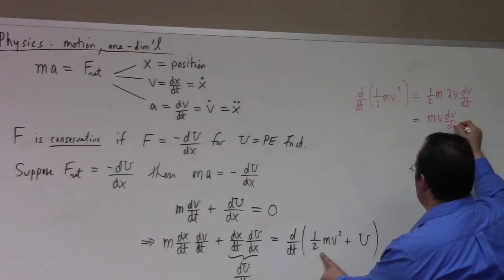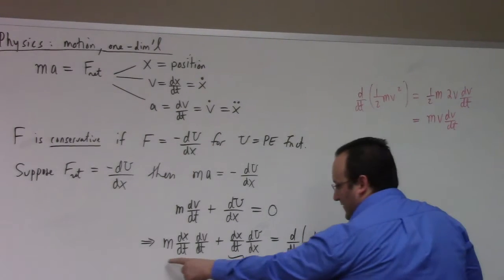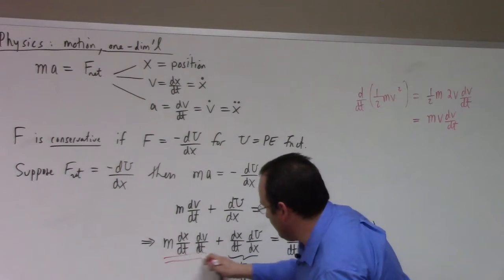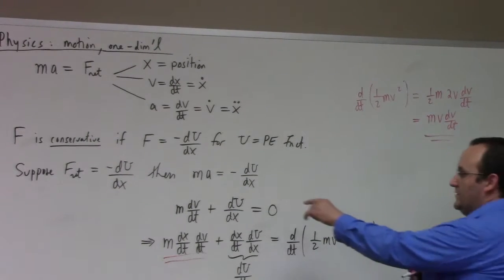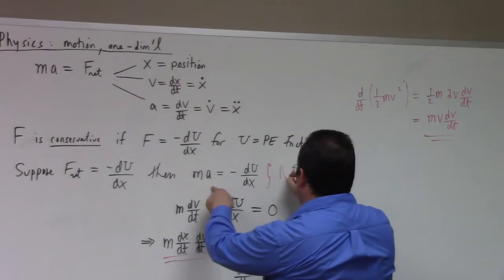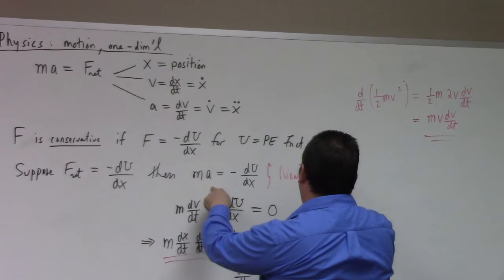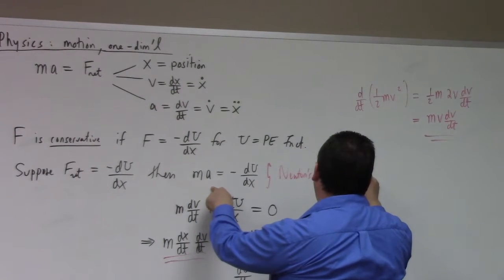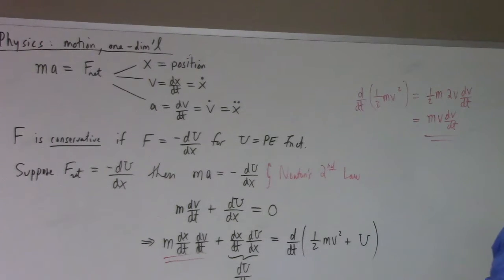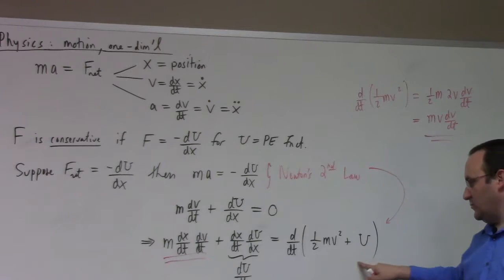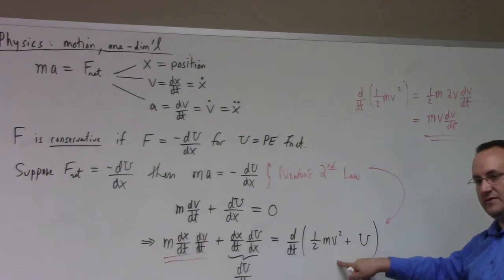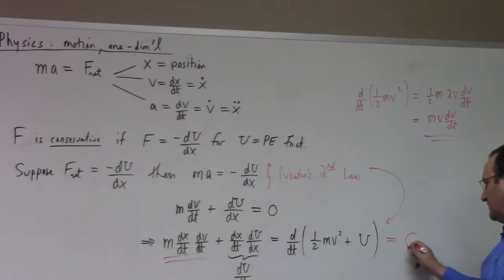I mean, that's exactly what we have here, right? Because dx dt is v. So you see, this is, of course, what? This is Newton's second law, right? F equals ma, yeah? And you can see that Newton's second law implies what? It implies that this quantity, the time derivative of it, is equal to 0. But what is this quantity?